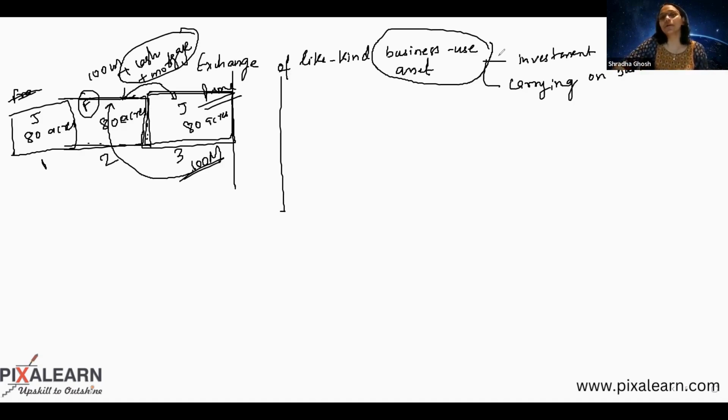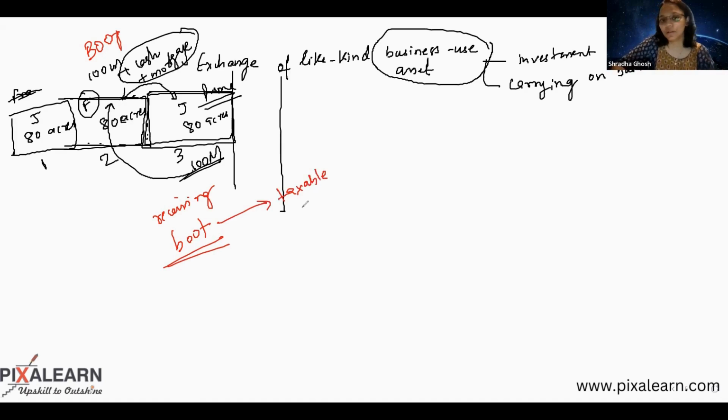And that amount we call boot. So in this example, Farmer Joe is receiving boot. And when you receive boot, it's something that you could not have hidden from the IRS. So this boot becomes taxable in Farmer Joe's hands.